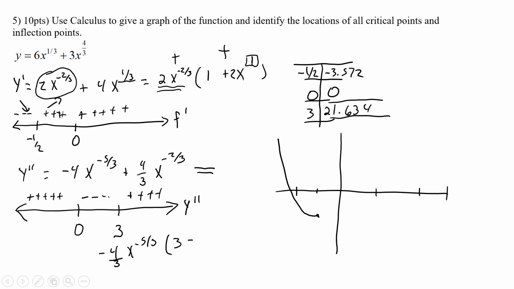That's what that says. And then once we get to negative 1/2, we start increasing and we're still concave up. So once we get past 0, we keep increasing, but then we are concave down.